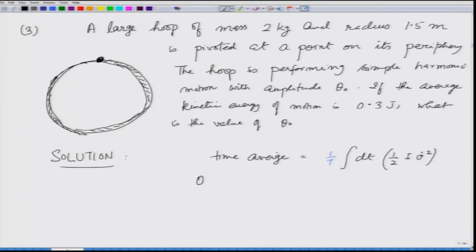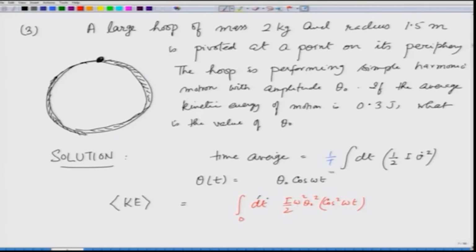Since this is performing simple harmonic motion, theta as a function of time, let us say it starts from the extreme, is theta 0 amplitude cosine of omega t. Therefore, the time average kinetic energy, which I will show by these angular brackets, is going to be integral dt, I over 2 theta 0 square cosine square omega t omega square.